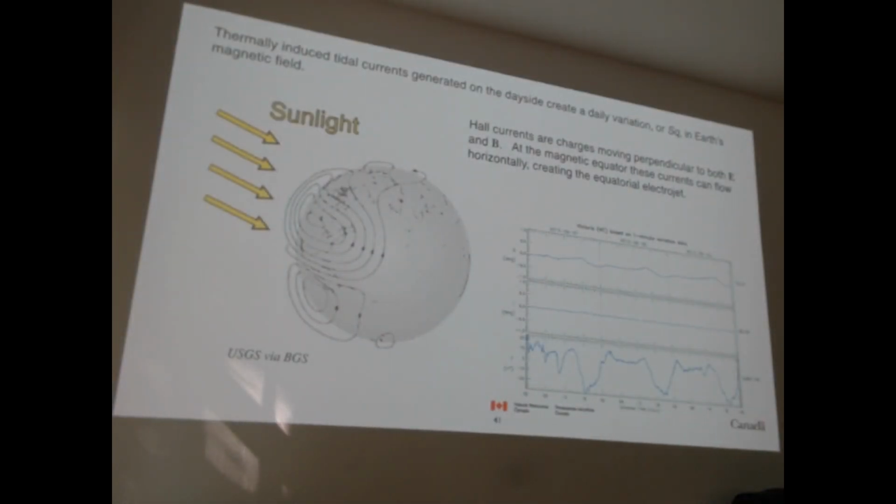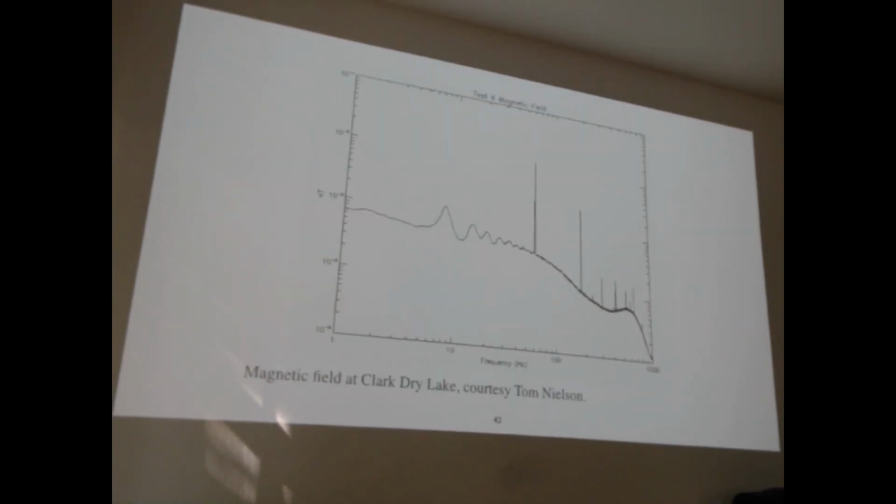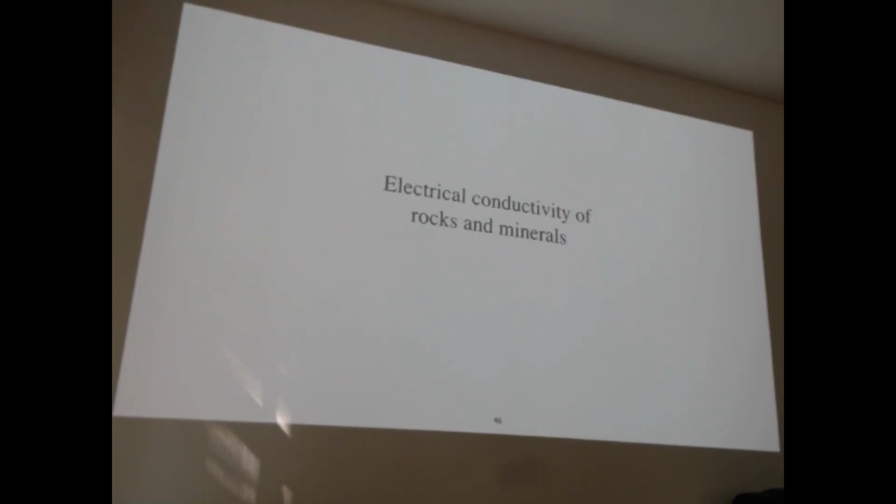So if you look at the magnetic field at an observatory, such as Niemegk, over a period of a day, you see about a 30 to 50 nanotesla cycling of the Earth's magnetic field. So here are 3 days in a Canadian observatory. So that is the Earth's magnetic field.